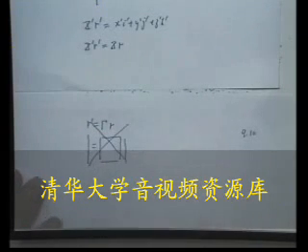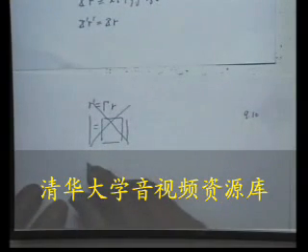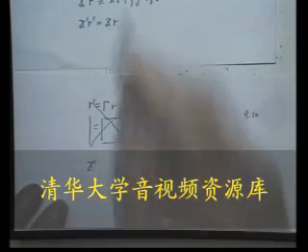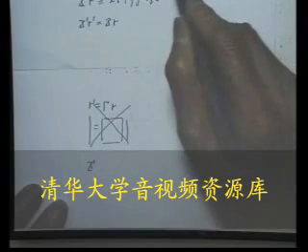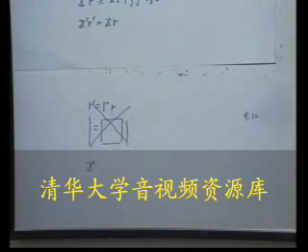Let me erase this. It's better if we do it in other words. X prime is equal to i prime, j prime, k prime. Now, i prime is a linear combination of i, j, k.